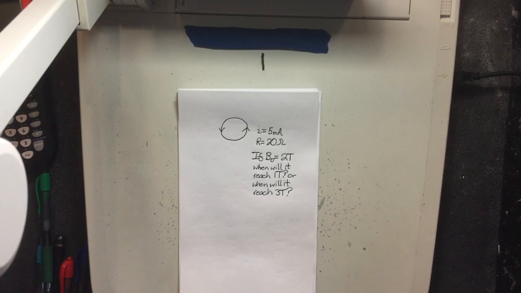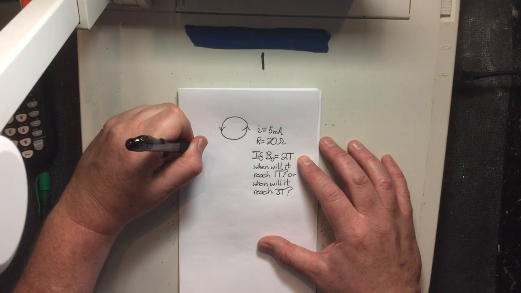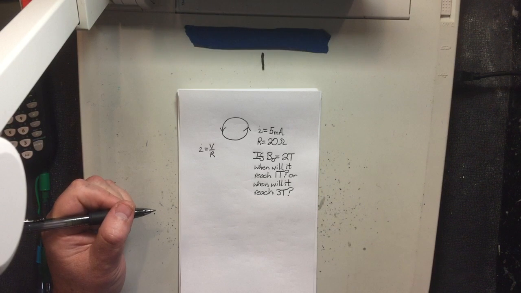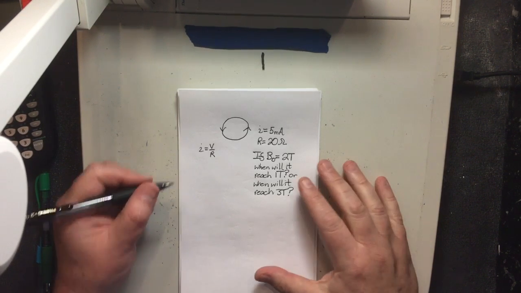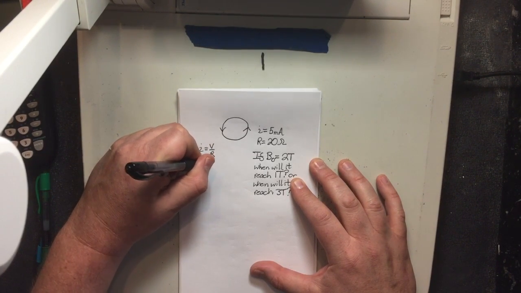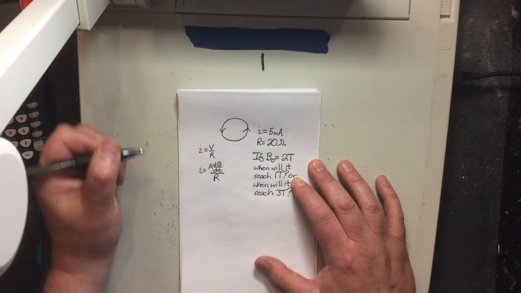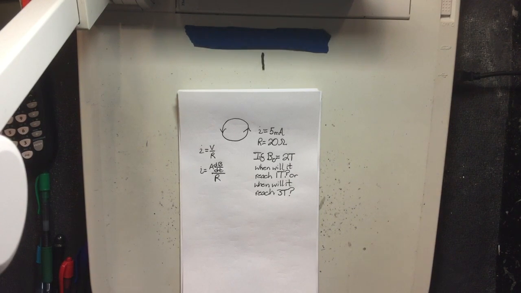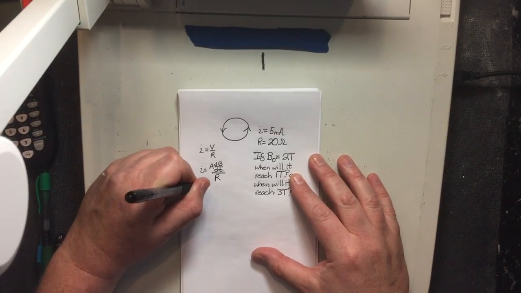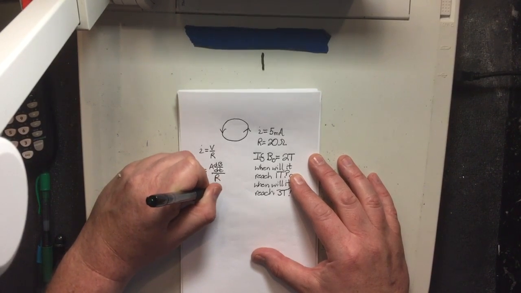So what is it going to happen? Well, I is V over R. This is a changing B field, not a changing area. That is the electromotive force. So I is area times dB/dt over resistance. So R times I over A is equal to dB/dt.